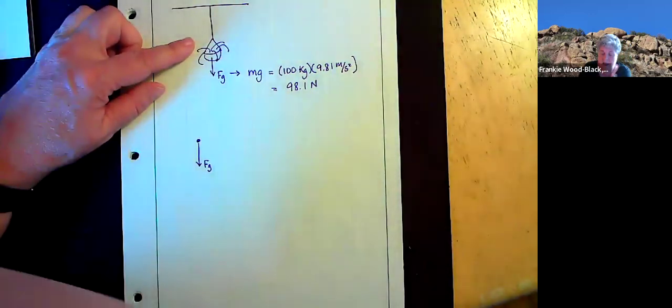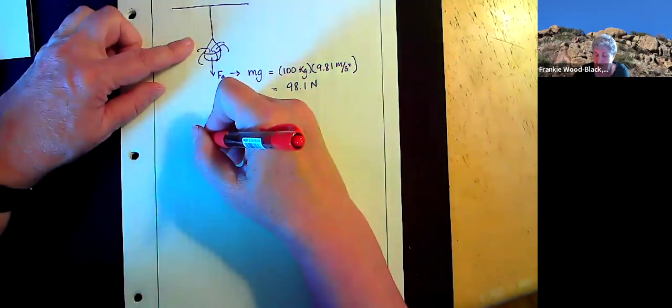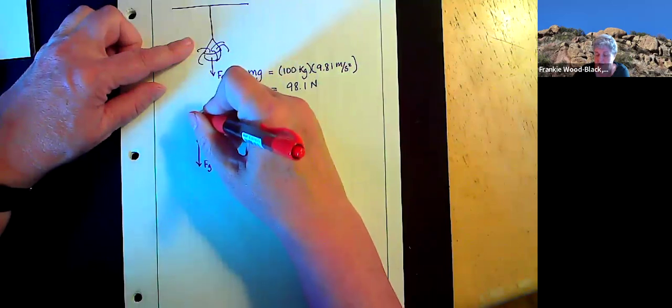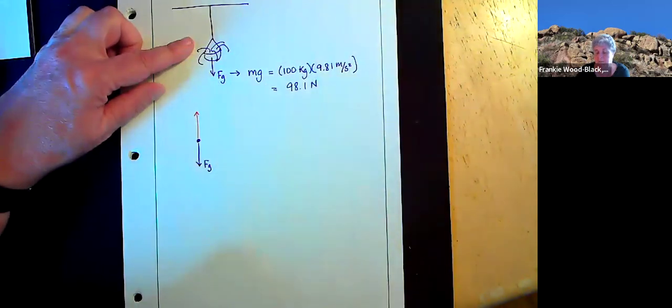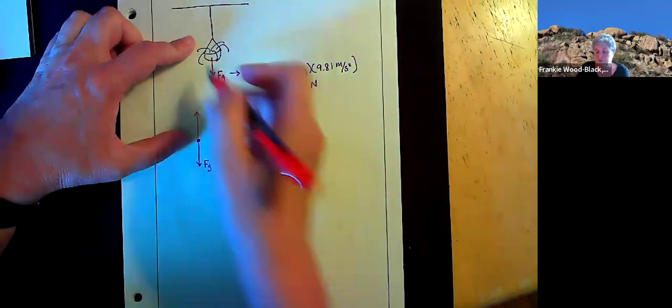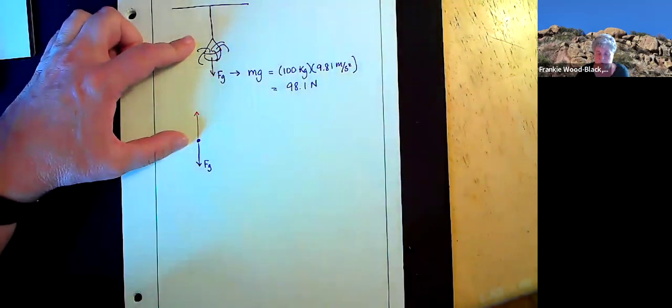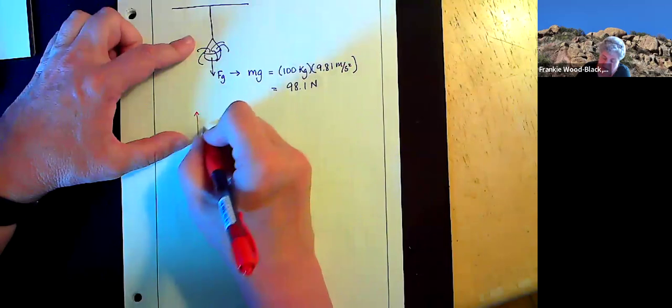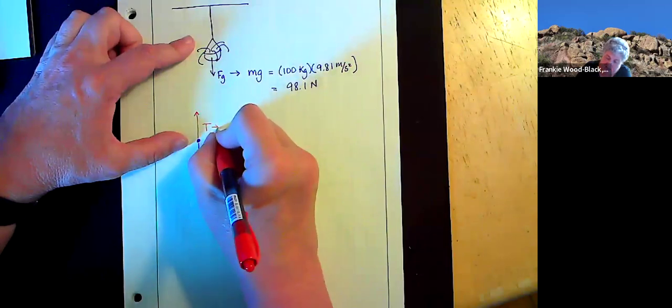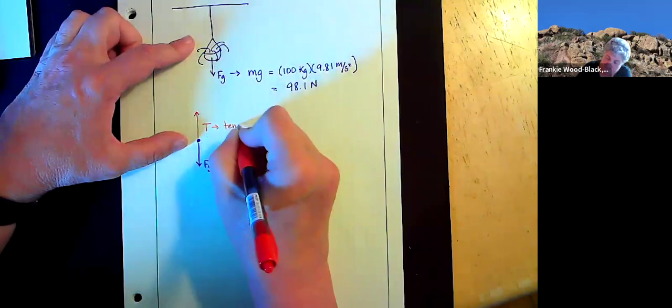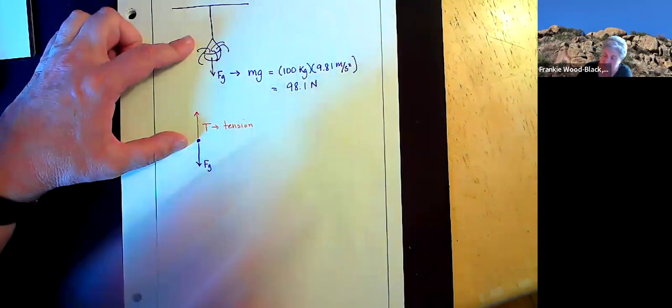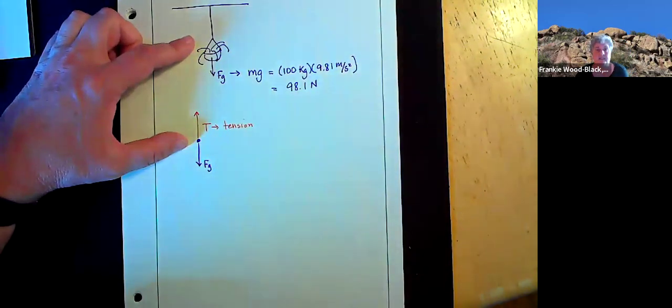Now, if my plant is just hanging there, there's my object, here's my force due to gravity. Newton's law says that forces come in pairs, so I have to have another force up here. If this were sitting on the table, that would be my normal force, but since it's on a string, we're going to call that tension.